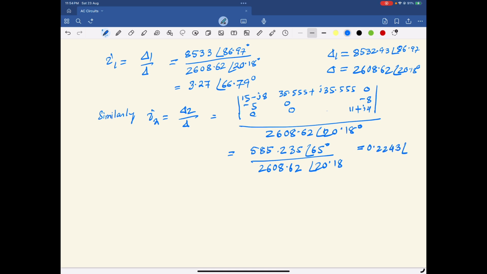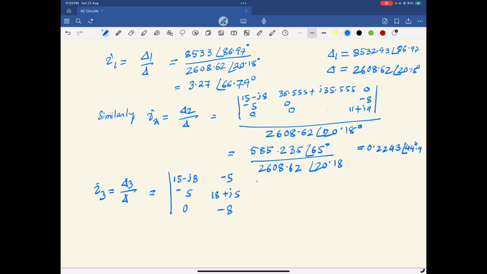Here I have written the answer directly, so you try to practice at home. If you have doubts, you ask me in the classroom or in the comments. So this is for del 3.